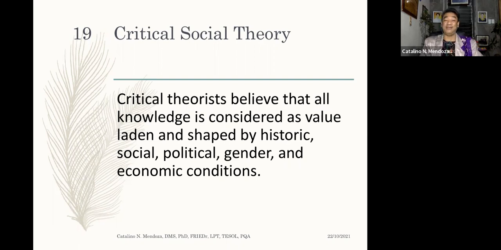Also, of course, the gender. Gender is a very good issue which critical social theorists should focus on. Why? It is because gender is by choice. It is not biologically differentiated male from female. It is just a matter of choice and a matter of preference of a person.